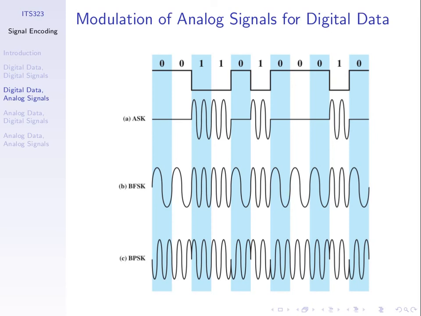And with bit 1, transmit a signal with amplitude of some positive value, 1 for example. And we see with the first two bit zeros we get 0 signal out. Then with the bit 1 we get some sine wave because we have a positive amplitude, and so on, bit 0, 1, and so on.